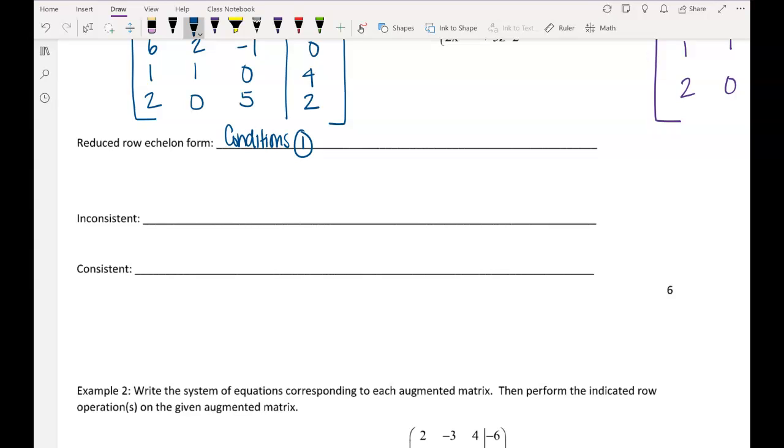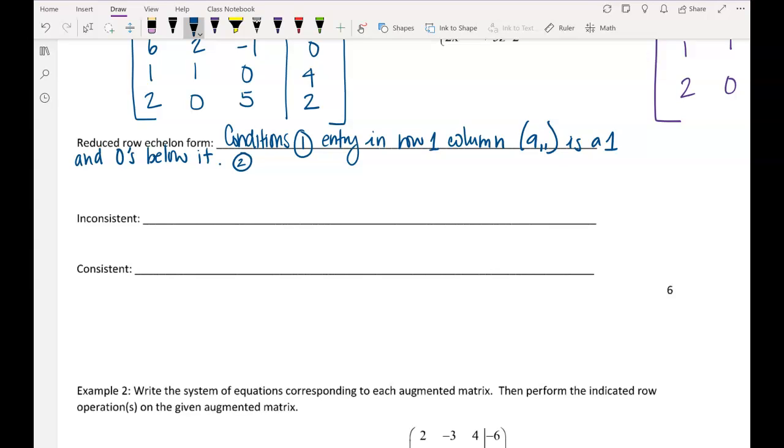Entry in row 1, column 1 is a 1, and all the zeros below it. So entry in row 1, column 1, that means A11, is a 1, and zeros below it.